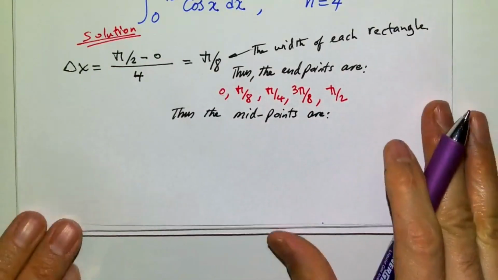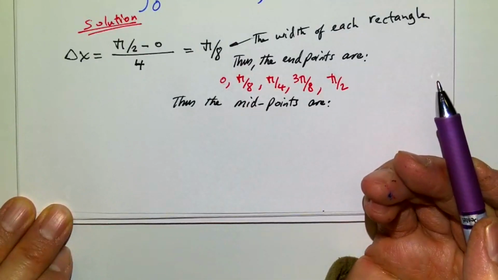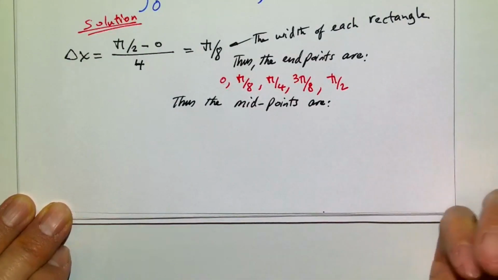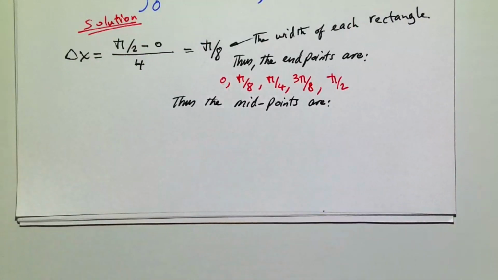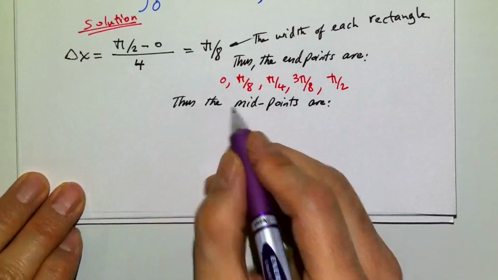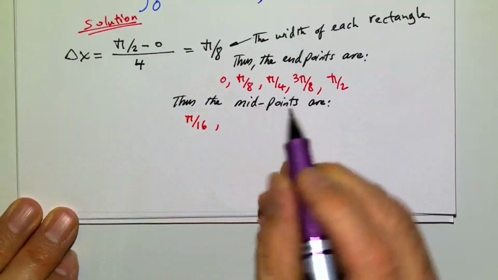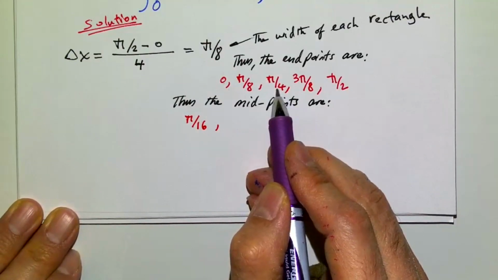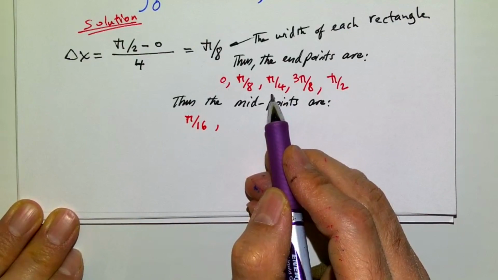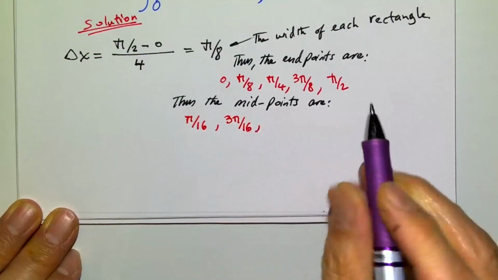So the midpoints are, add these two, for example, divide by 2, you get pi over 16, right? So the midpoints are pi over 16. Add these two, pi over 8 plus pi over 4, divide by 2, you will get 3 pi over 16.